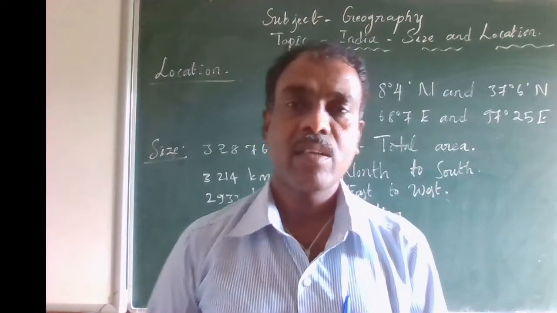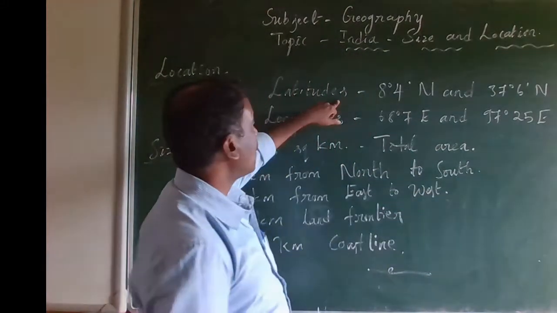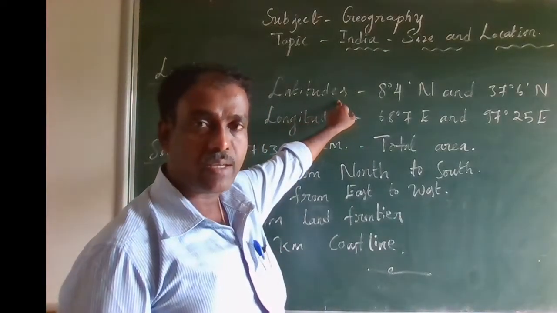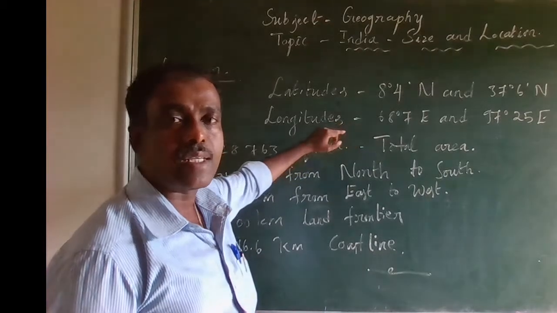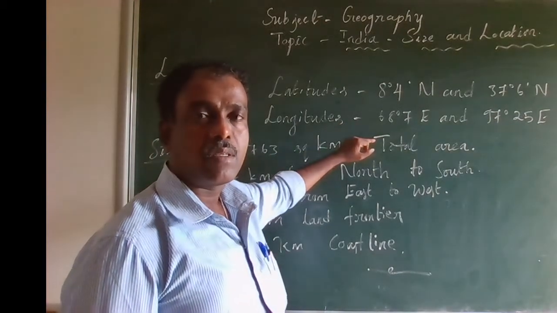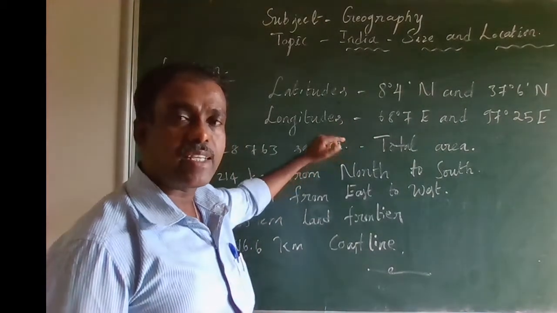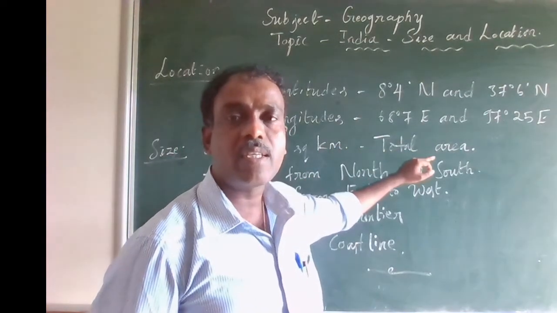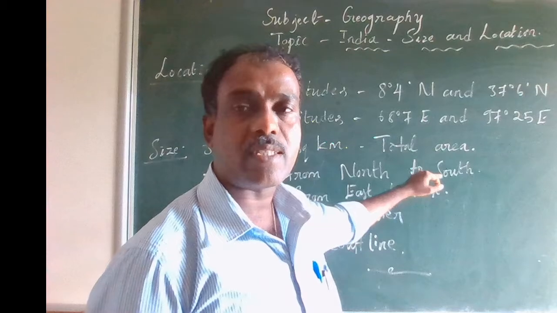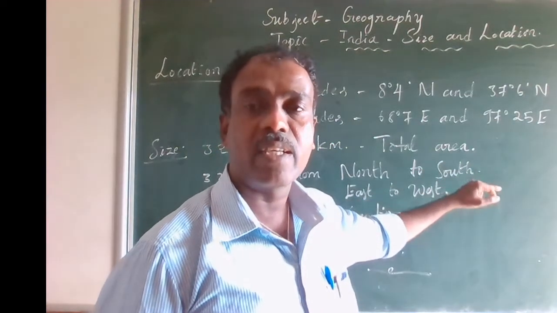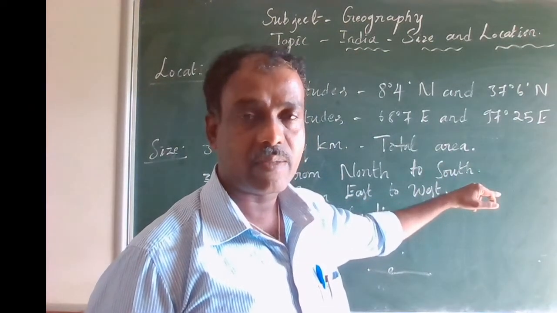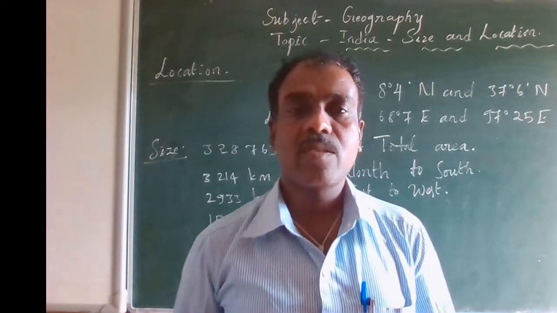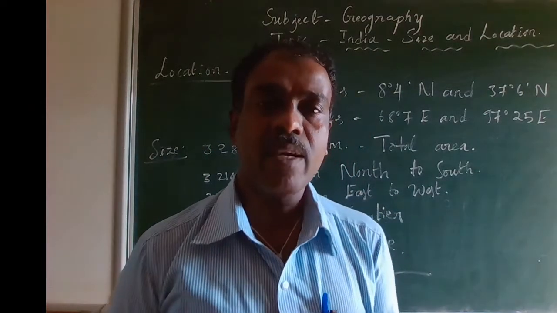This is the latitudinal extension of our mainland, and the same land extends on longitudes, about 68 degree 7 minutes east and 97 degree 25 minutes east. This is the longitudinal extension of our country.